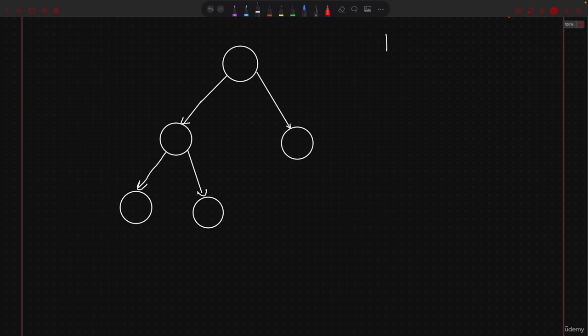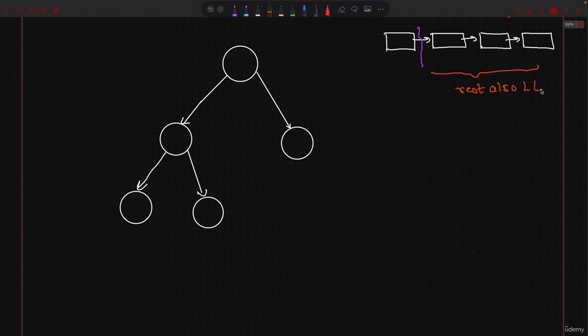We saw how, if this is my linked list, after breaking off this first point, the rest is also my linked list. In a very similar manner, we can say that this particular subtree is another tree, right? So this is another tree.